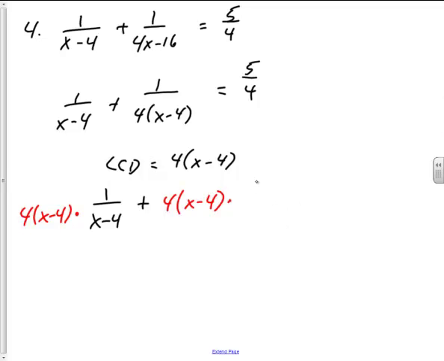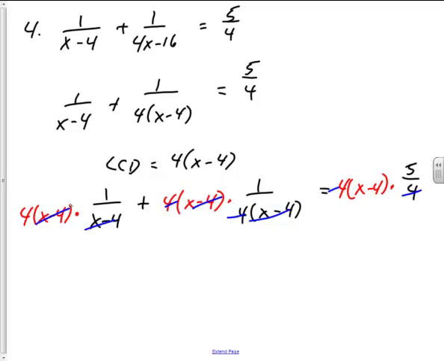I'm doing that to get rid of the rational expression, to get rid of the denominator, and then I'll take the 4 times x minus 4 and multiply it times 5/4. Now at this point I can cancel some things out. I can cancel x minus 4 and x minus 4, and then 4 here and 4 there.